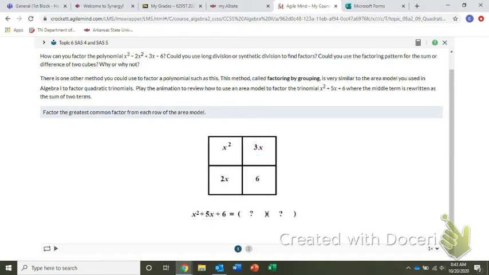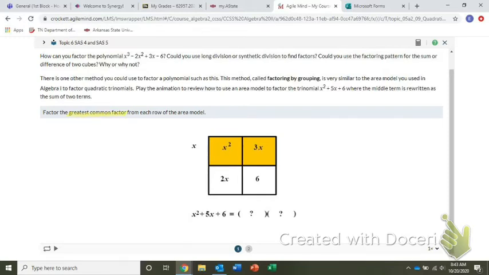I'm going to hit play, and it's going to highlight the top 2 terms. Let me start over so I can pause it. All right, it's going to highlight the first 2 terms. So what you're doing here is you are finding the greatest common factor, okay?